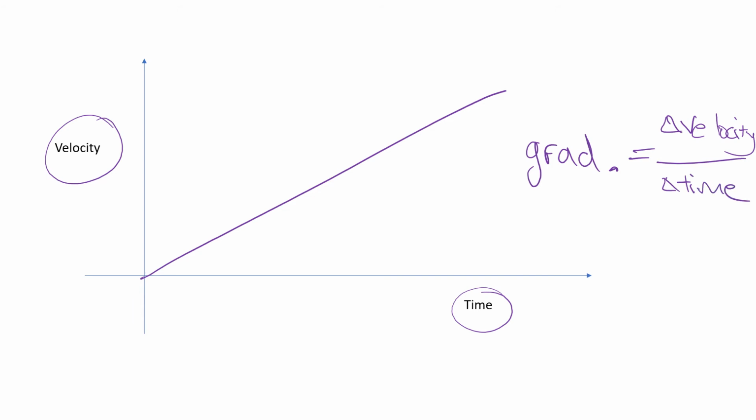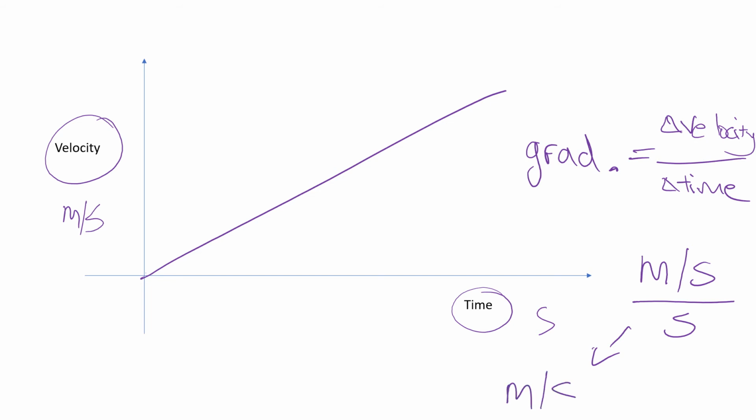If we want to work out the units, let's just say velocity is in meters per second and time is in seconds. We get meters per second on the top and seconds on the bottom. And this is the same as saying meters per second per second. So it's the change in velocity over time.